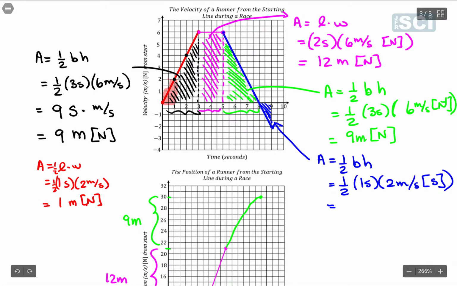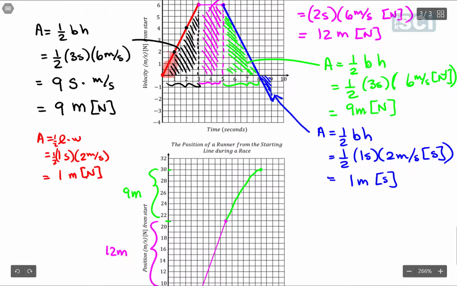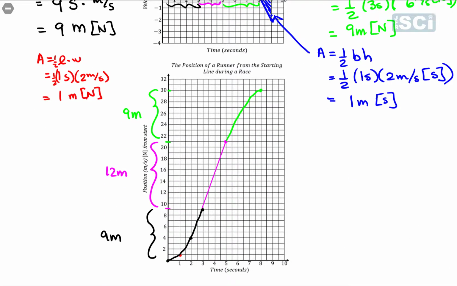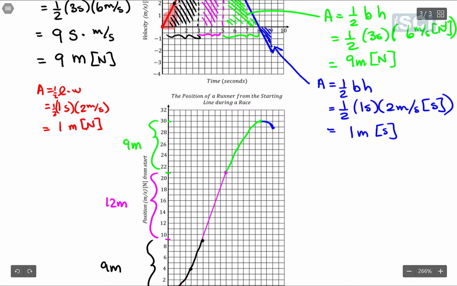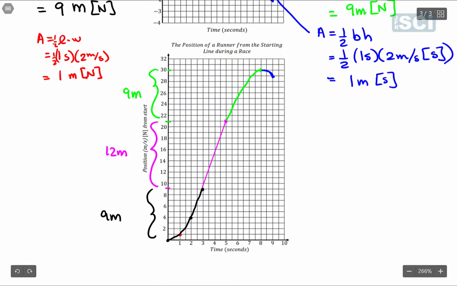I'm going to start coming back by 1 meter south. So it's going to curve downwards by 1 meter. And now that gives me my position versus time graph.